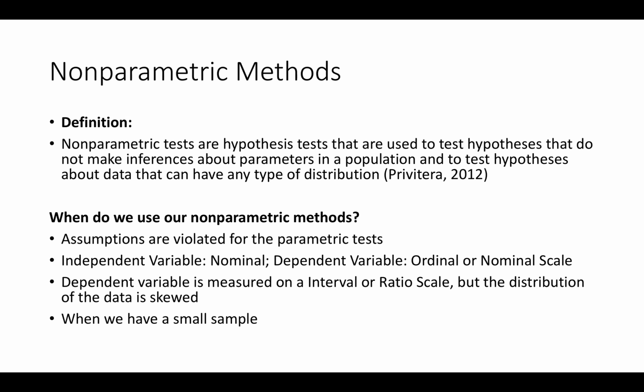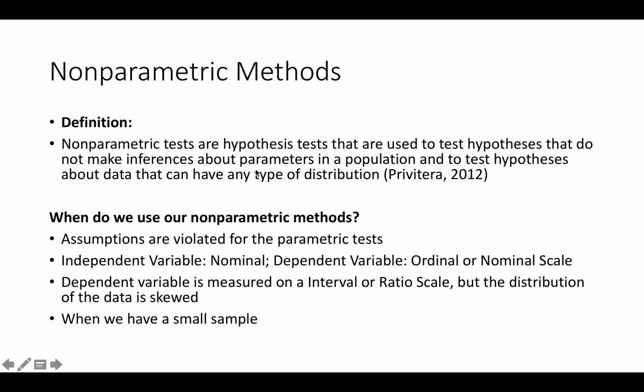Sometimes you'll hear non-parametric methods referred to as distribution-free tests because we don't lock ourselves into the assumption that in the population the data is normally distributed. So we take away that distribution assumption or requirement for doing some of our non-parametric alternatives.